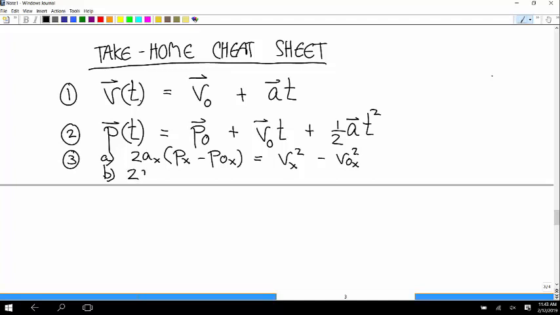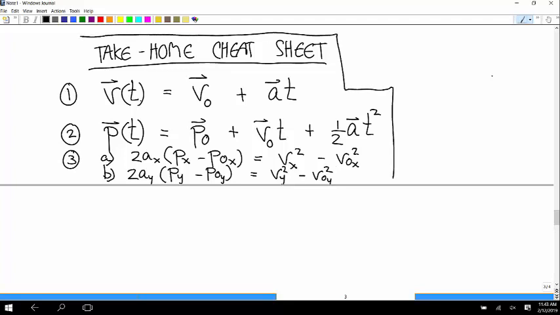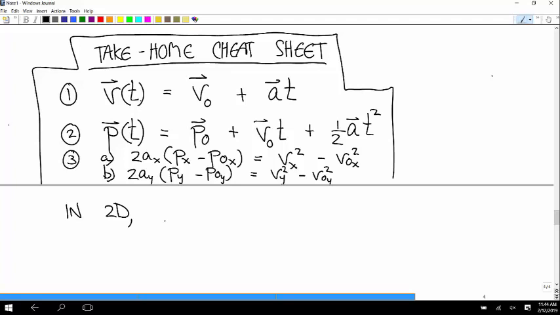And the second one says 2ay times the quantity py minus p0y is equal to vy squared minus v0y squared. So when you're dealing with two-dimensional constant acceleration problems, these are the equations you have to work with.